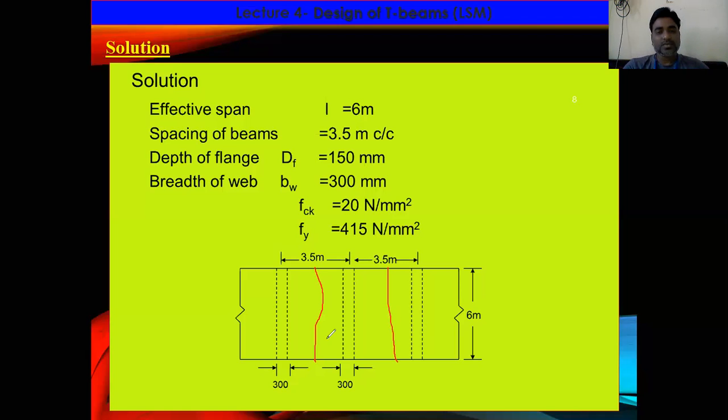This total load is going to this beam, right? So what is the length that will come? This is center to center distance 3.5 and 3.5.